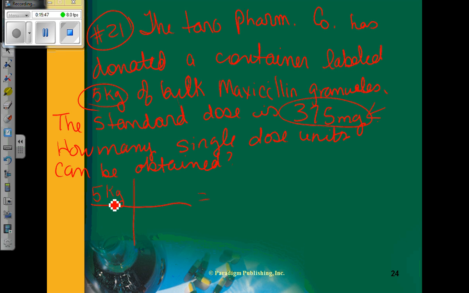And then I always go back to, you have 5 kilograms. If you have kilograms up here, then it's going to be a little bit different than your ratio of proportions. The kilogram unit is going to be directly opposite of it in the corner. And this one right here is going to be what you want. So you want it in milligrams.